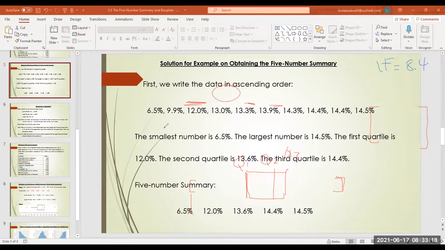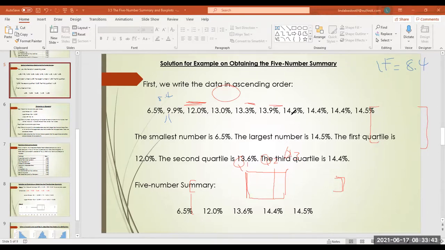Looking at this, if we were to put 8.4 here, we can see that we have a lot of data values which are larger than 8.4. 8.4 is your lower fence. The statement said, look for the smallest data value that is larger than 8.4. Since we have a lot larger than 8.4, we are looking for the smallest of them.